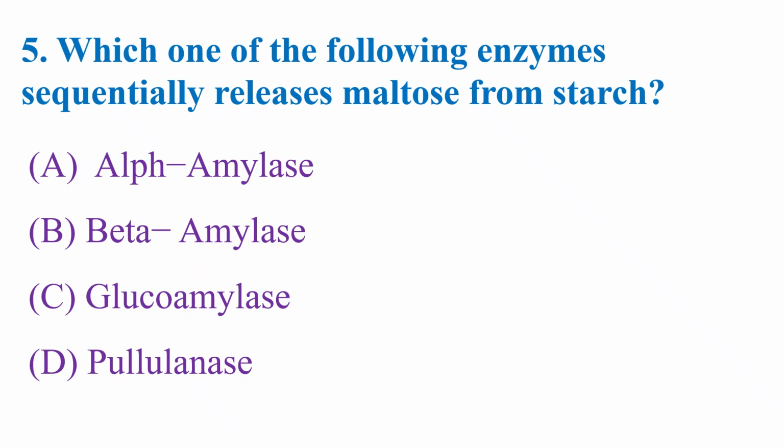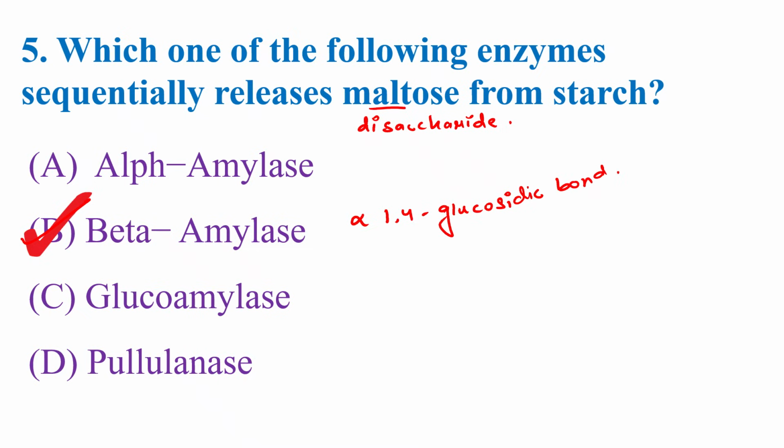So maltose, it is a disaccharide, and the enzyme that sequentially releases maltose is the beta amylase, that is option number B. Since it will cleave the alpha 1,4 glycosidic bonds from the non-reducing end of the starch, and that is the maltose unit.